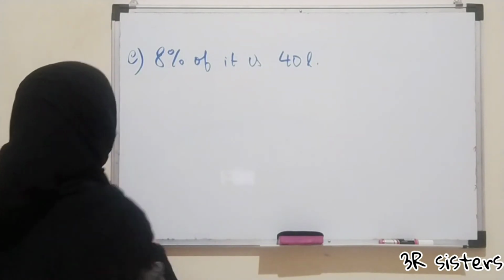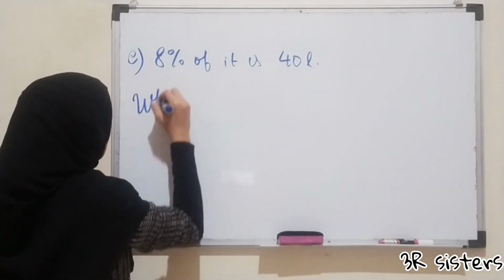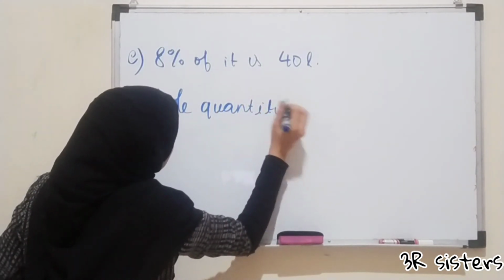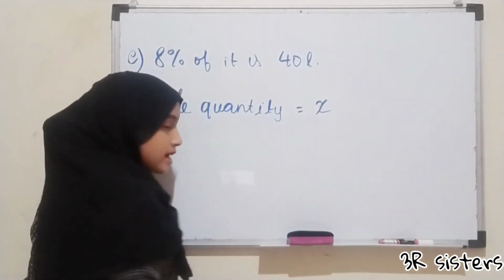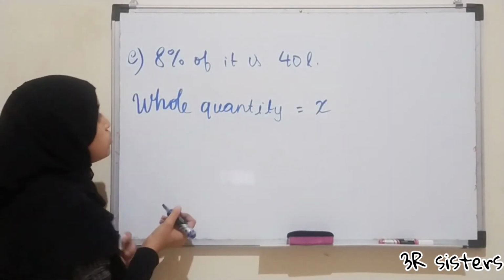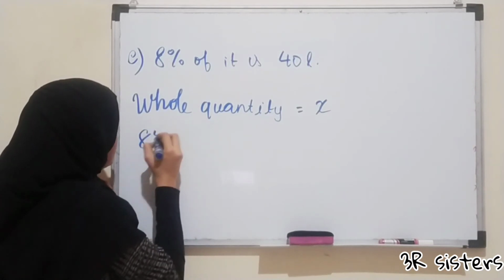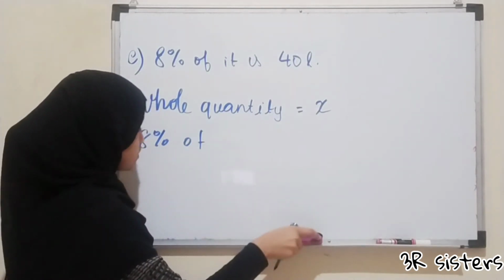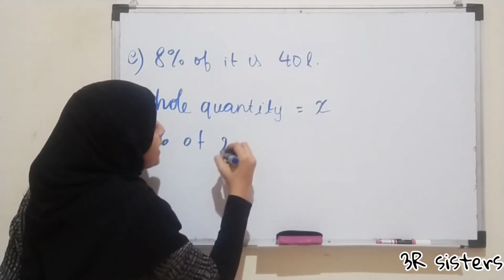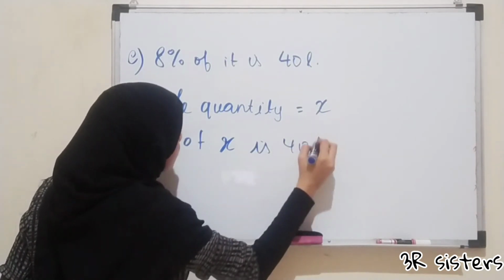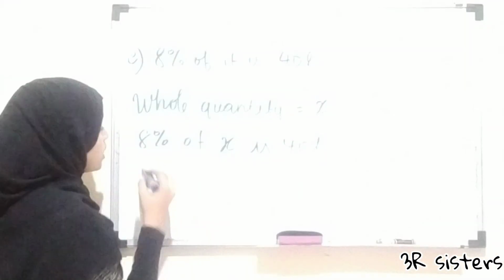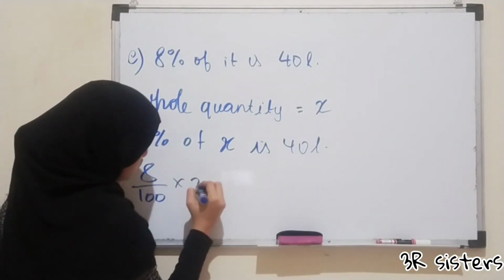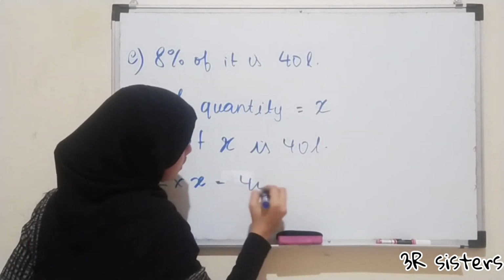Okay, so first write the whole quantity as x. Okay, now the question will change into 8% of x is 40 liter. Okay, and when we solve the problem, the question will be 8 by 100 into x, which is equal to 40 liter.